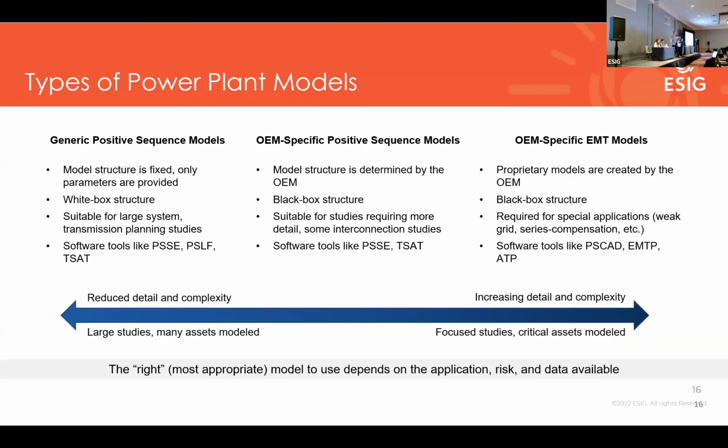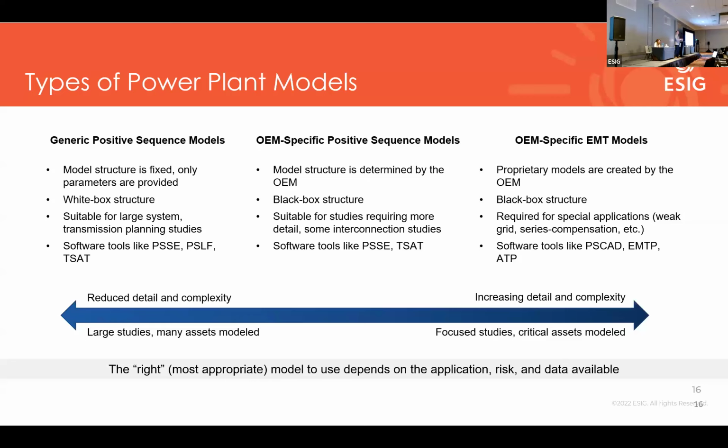Okay, so zooming in one more layer to the types of power plant models. Just to lay out the whole picture of positive sequence models, we have generic positive sequence models. This is the second generation generic renewable energy models, originally developed by WECC, often called the WECC models. And then we have OEM specific positive sequence models. The generic models are widely used across the industry.